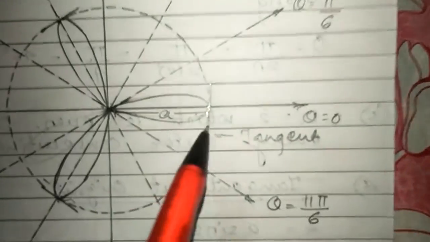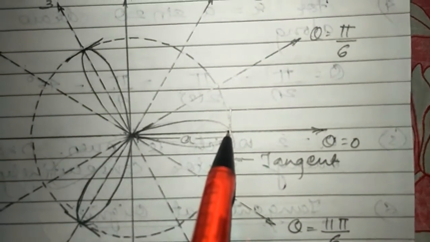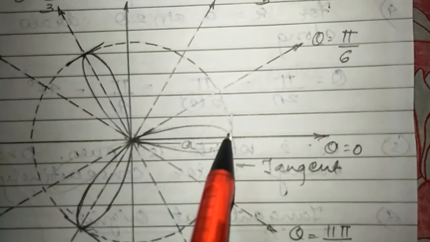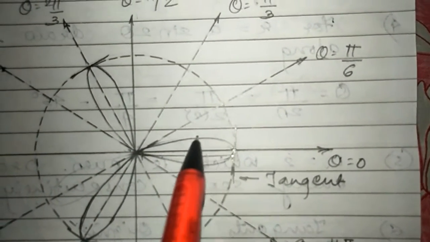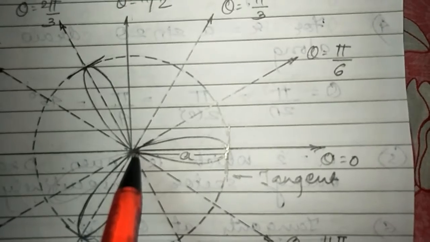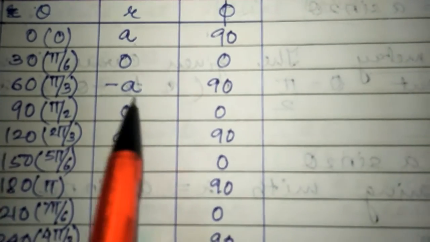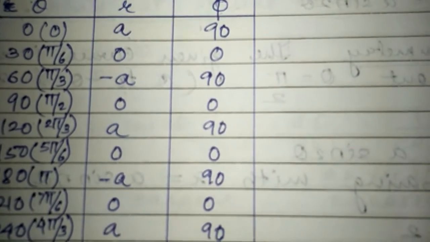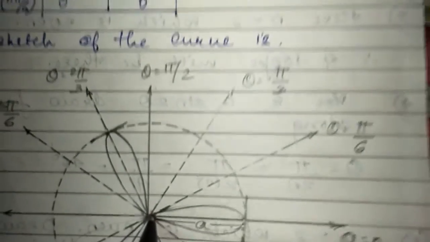So at theta is equal to 0, we had r is equal to a. Now theta is pi by 6, so r is 0. So the curve will be from this point to this point. Okay, then when theta is equal to pi by 3, r is minus a, that is the value is a but it is minus, so we'll draw the curve on the opposite side.